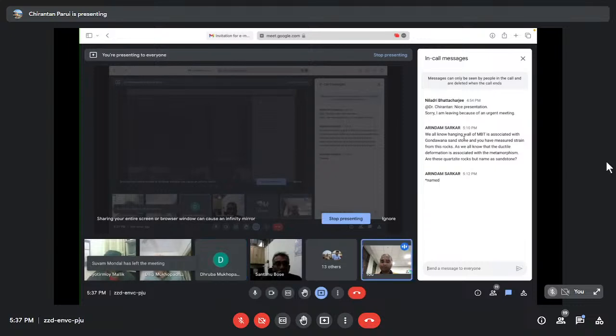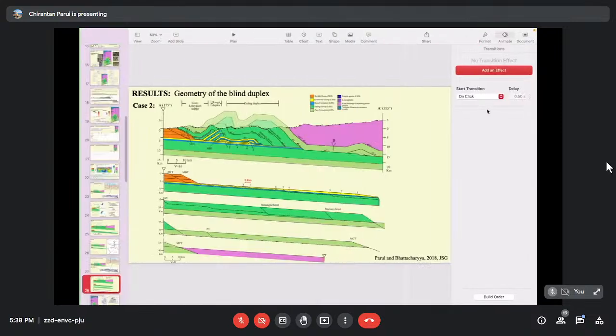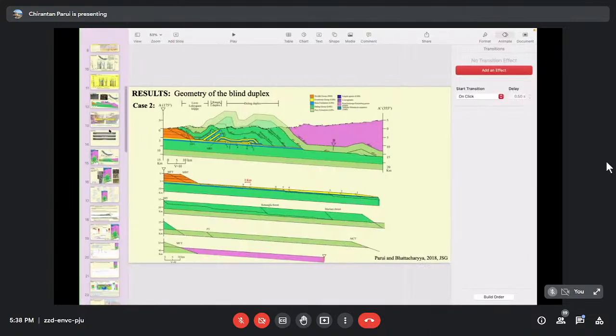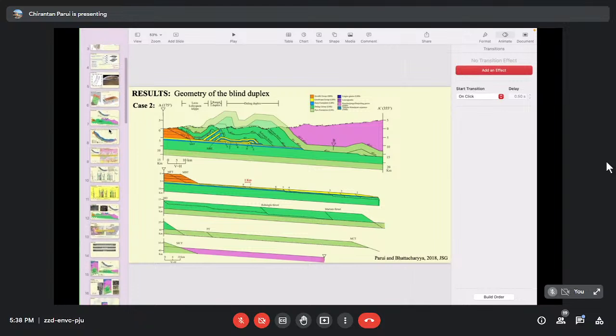The hanging wall of the MBT is actually carrying quartzite, right? The rocks that I have encountered in the hanging wall of the MBT, between the MBT and the Ramgarh Thrust, you have phyllite, you have quartzite, right? Yes, sir. Those are actually in the hanging wall of other thrusts. Let me show you. Let me go to the map.